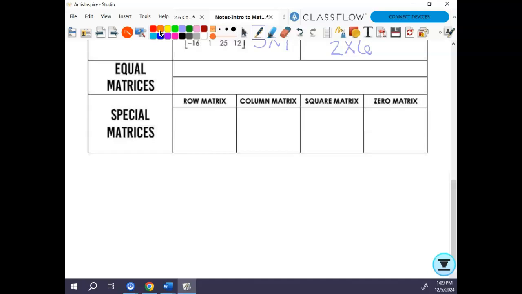And so these are 2 matrices in which each element in one matrix is equal to each corresponding element in the other matrix.